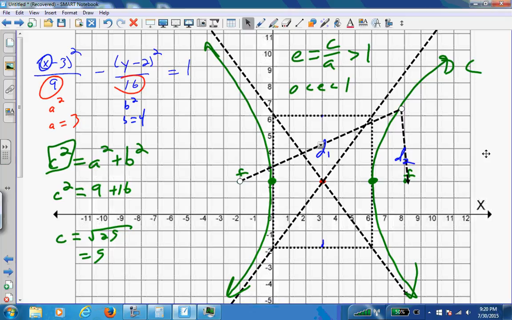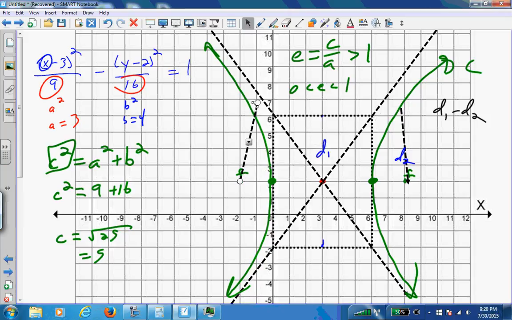The difference between those is a set distance. Adding those together can't be a set distance because these go off to infinity. But it turns out we take d1 minus d2, which if our point is on this side, d1 is bigger.